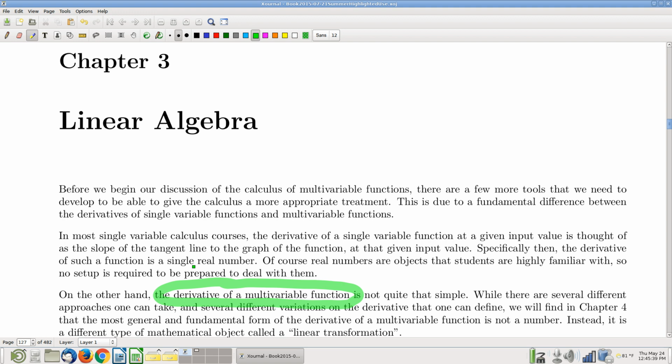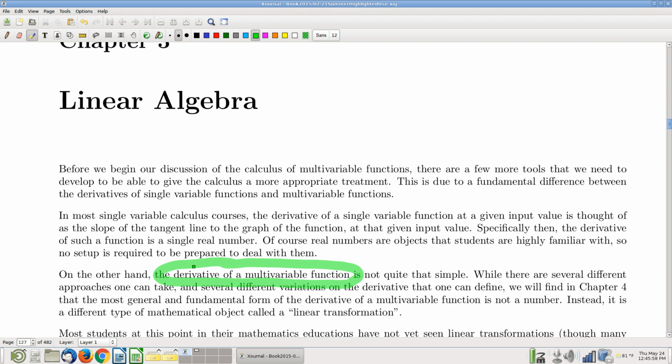That's it. In multivariable calculus, there's various different kinds of derivatives, and they relate to each other in various different ways. And when you add it all up, though, the most complete way to describe the derivative of a multivariable function, it is an object of linear algebra.